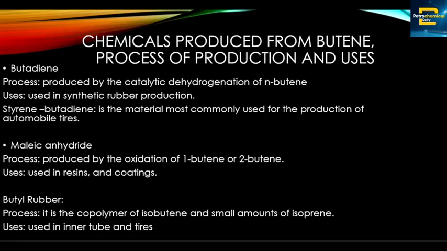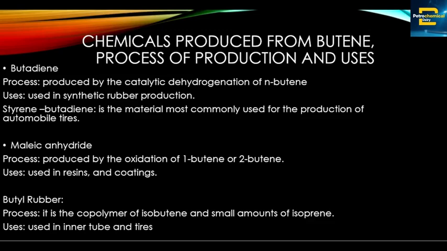It is an important process in various industrial applications, particularly in the production of petrochemicals. So in this process, butadiene is produced by the removal of hydrogen. Butadiene is used in synthetic rubber production.